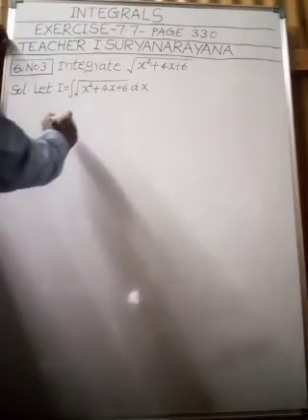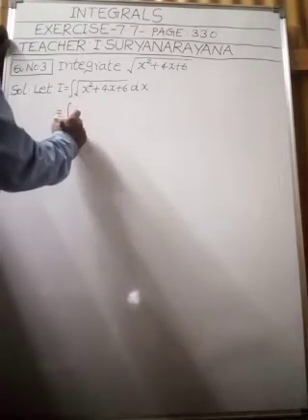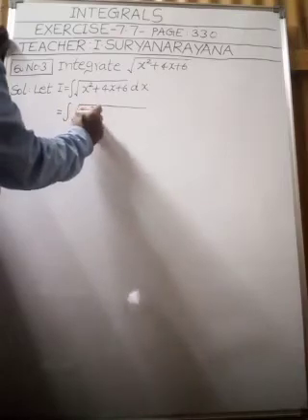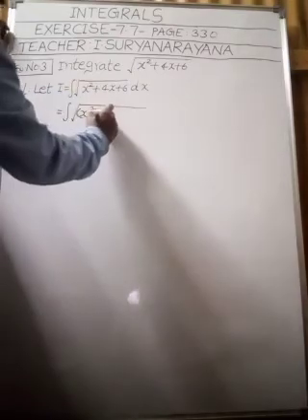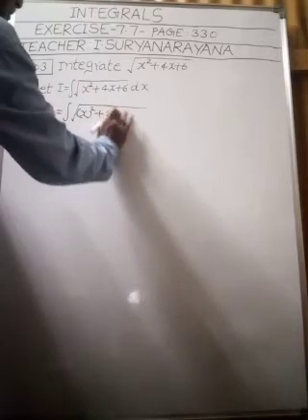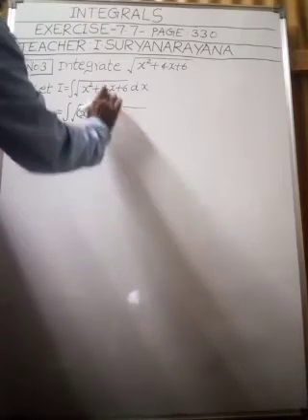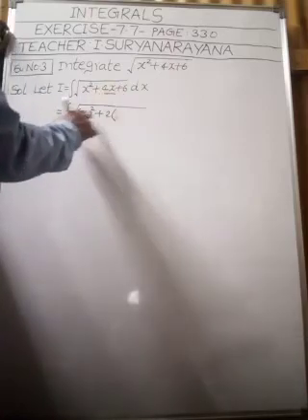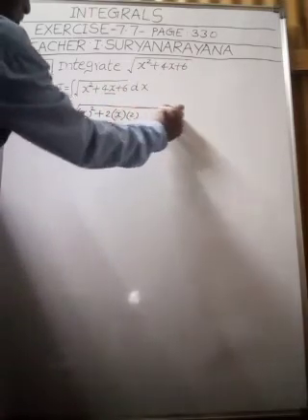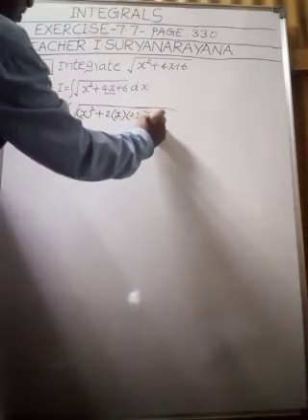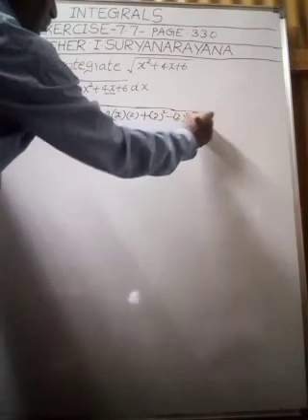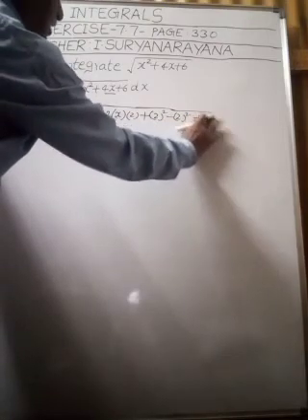So for that we have to change this function like this. So x square plus 2ab. Okay, my children, we are writing this term 4x as 2ab. x square plus 2ab plus b square minus b square plus 4 plus 6 dx.